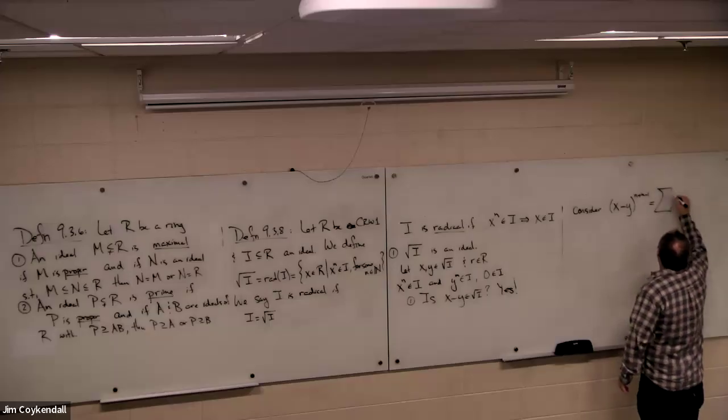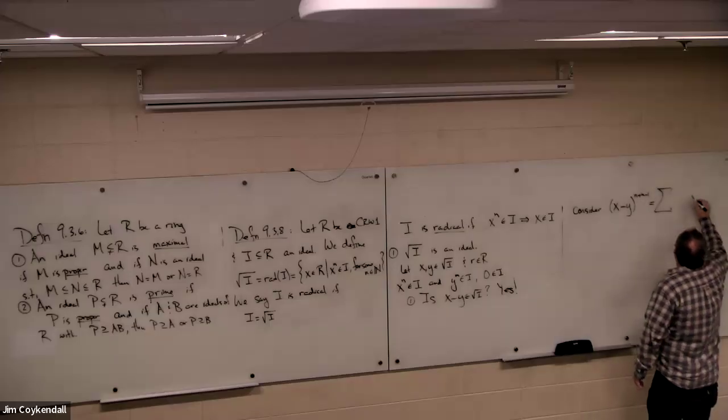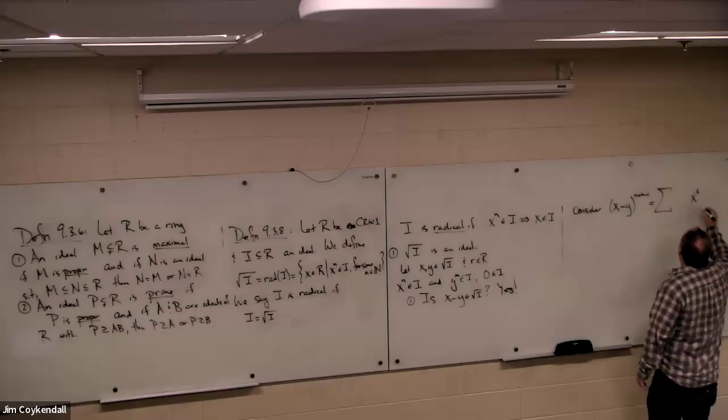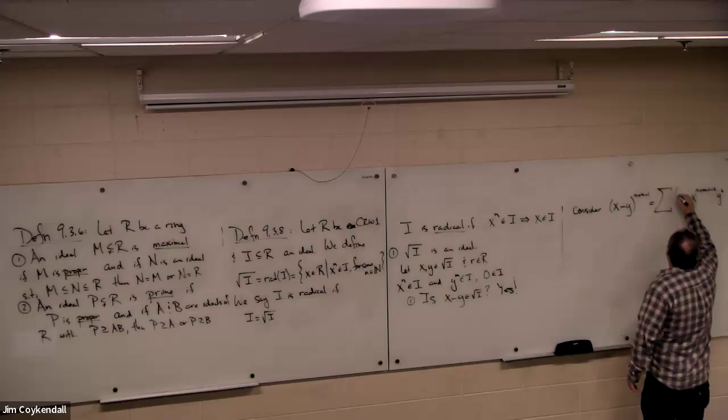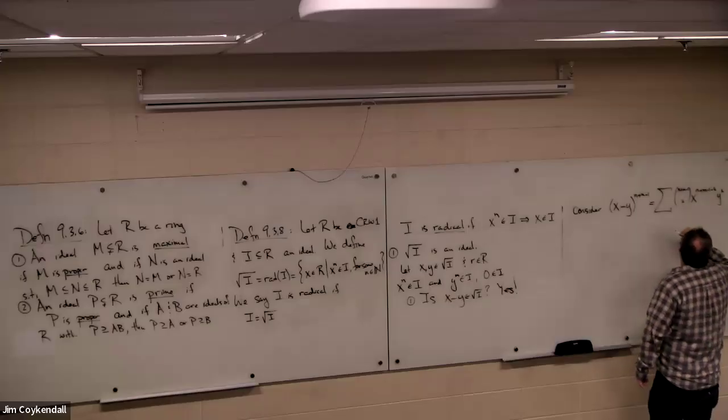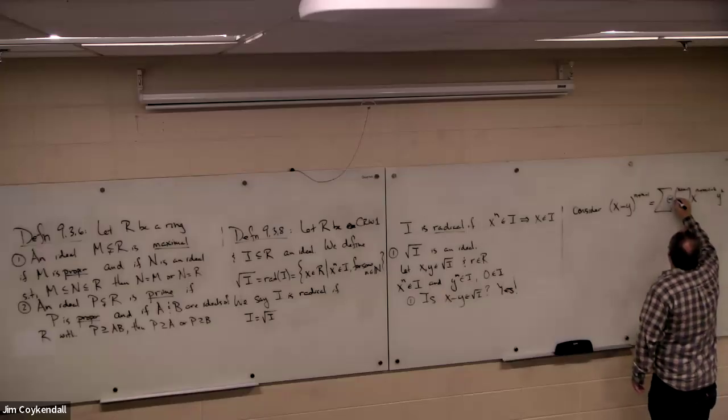And this is the sum over k of x to the k. Actually, I'm going to do x to the n plus m minus 1 minus k, y to the k, and n plus m minus 1 choose k.